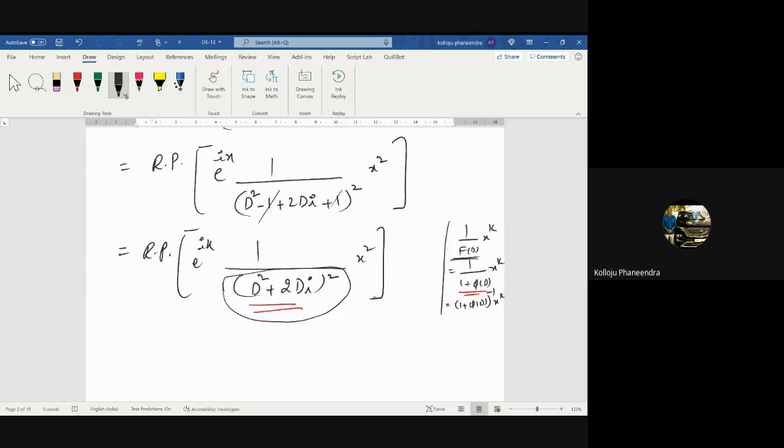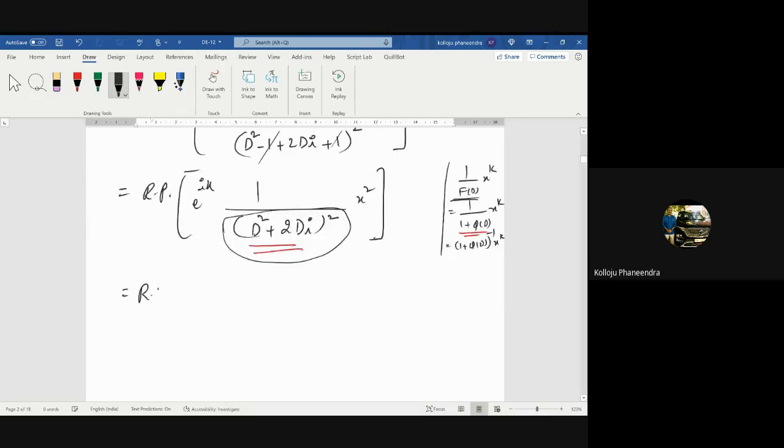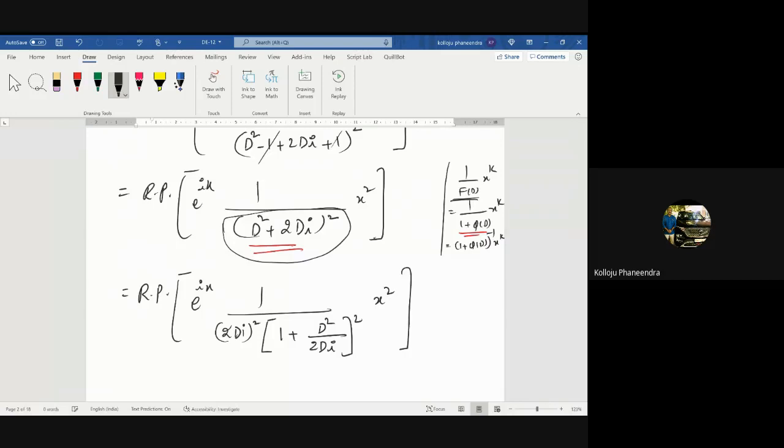I have to express this as 1 + phi(D), then take it to the numerator as (1 + phi(D))^(-1) times x^k. So I have to express this as (D^2 + 2Di) whole squared. Whatever it is, this function is f(D). I have to express it as 1 + phi(D). I told you in the last class, 1 + phi(D) means take the least degree term as common. That means 2Di is common, and outside it becomes whole square. Then (1 + D^2/(2Di))^2 into x^2.